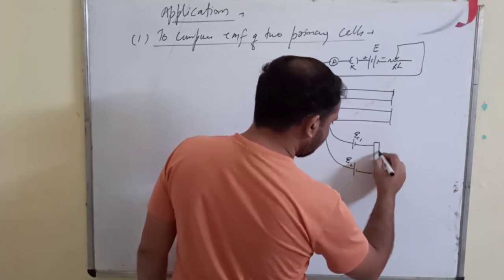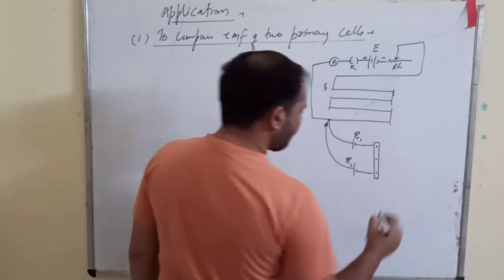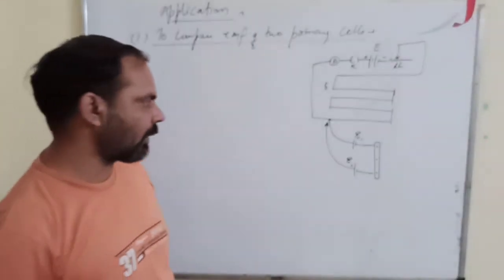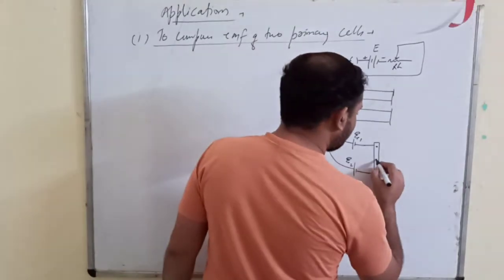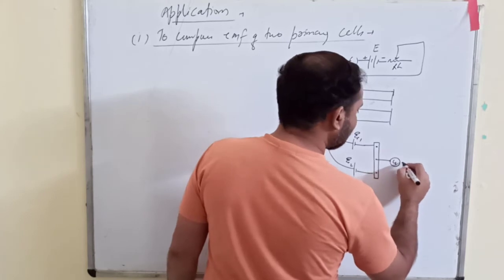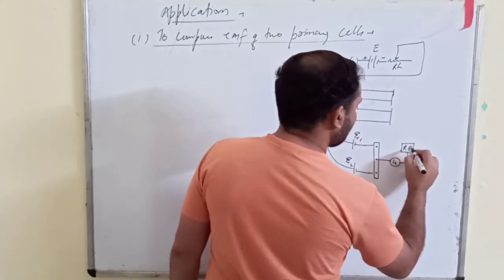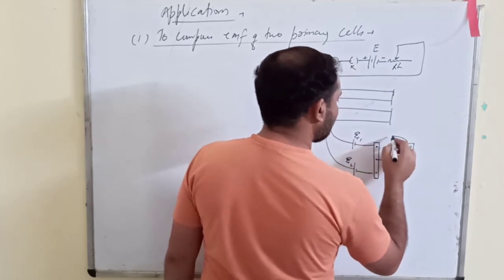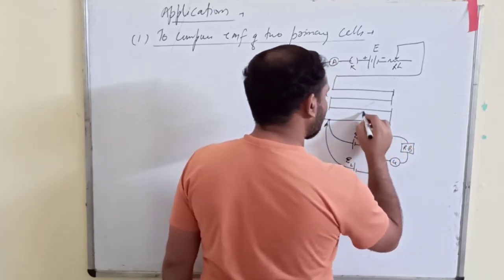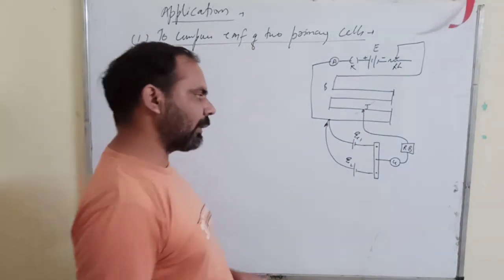Then we take a two-way switch, and this two-way switch is connected with a galvanometer, which is connected with a resistance box, which is then connected with the jockey, and that jockey is to be touched at the wire.